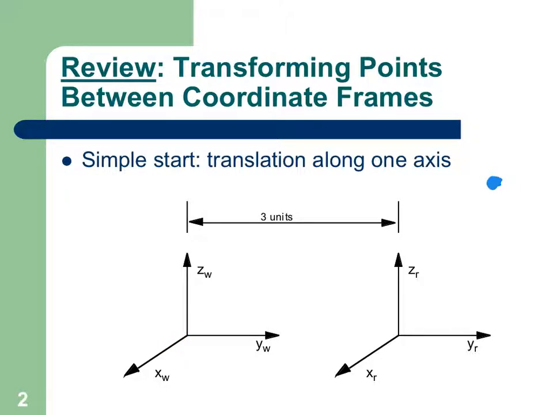So notice that the actual real location of the point doesn't move. The point isn't moving, but it will have a different XYZ coordinate depending on whether the origin of your coordinate frame is here or here.